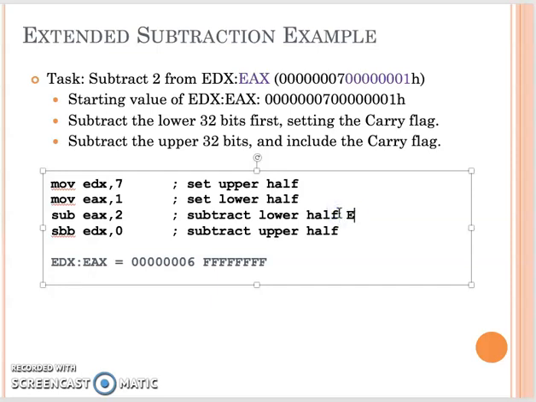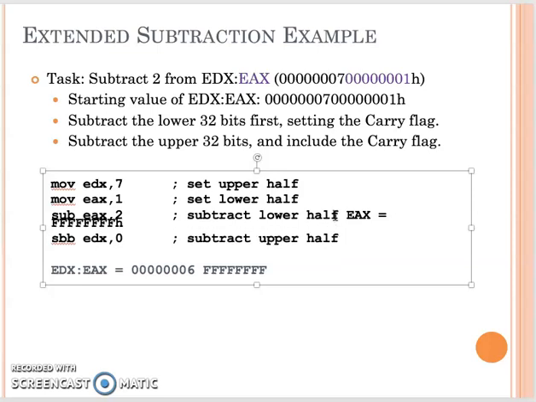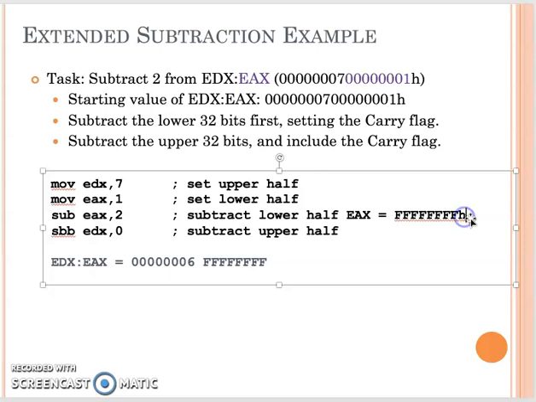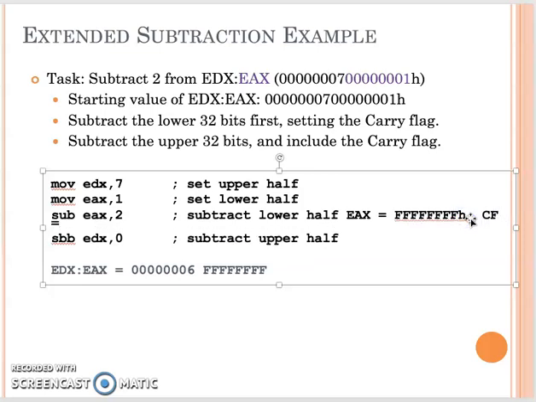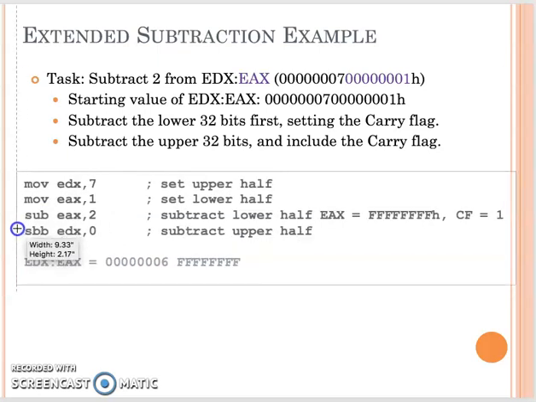So you see the EAX now becomes FFFFFFFF, and the carry flag is set. That's why the carry flag is the borrow.